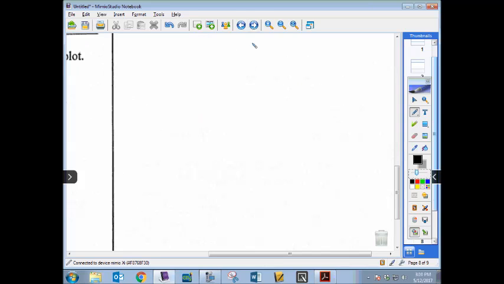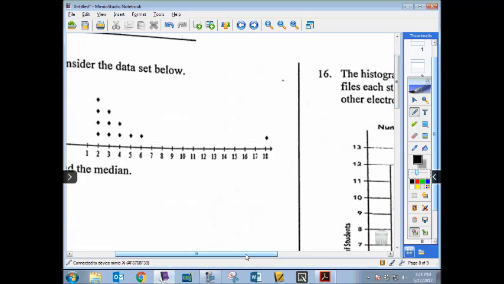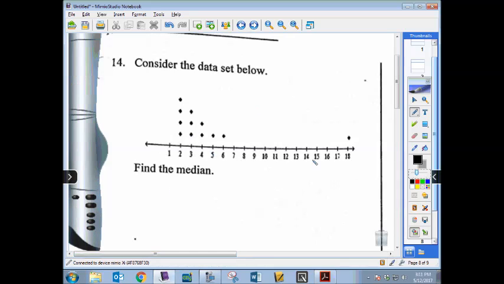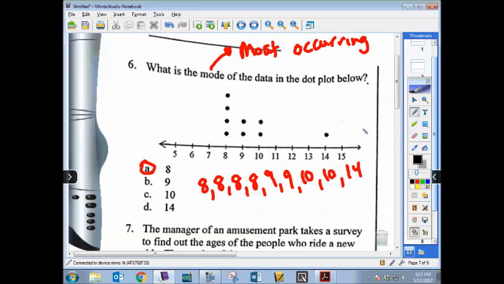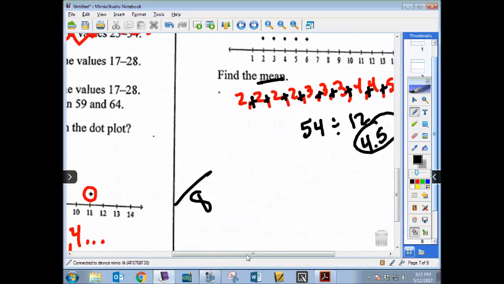All right, number 14, kind of same old here. I mean, we did a bunch of these. This is the same dot plot. Realistically, if I would have kept my stuff on the previous page, we could probably just go down and steal what we had here.